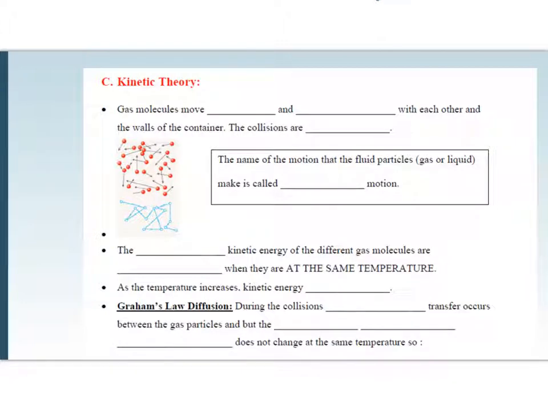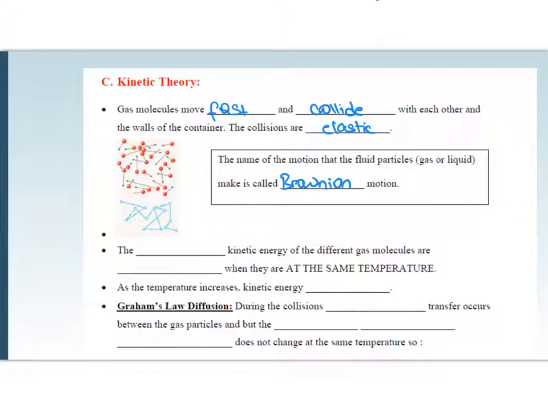And the kinetic theory. Gas molecules move fast, really fast, and collide with each other and the walls of the container. These collisions are elastic. And the name of the motion that fluid particles, gas or liquid particles, make is called Brownian motion.